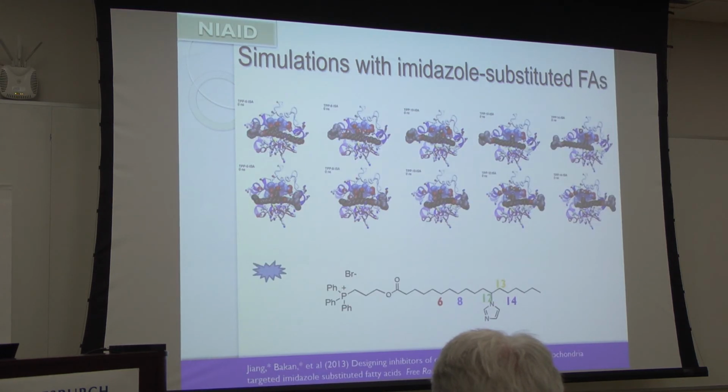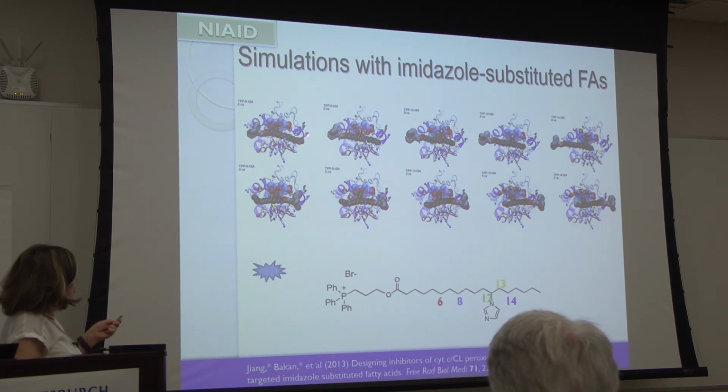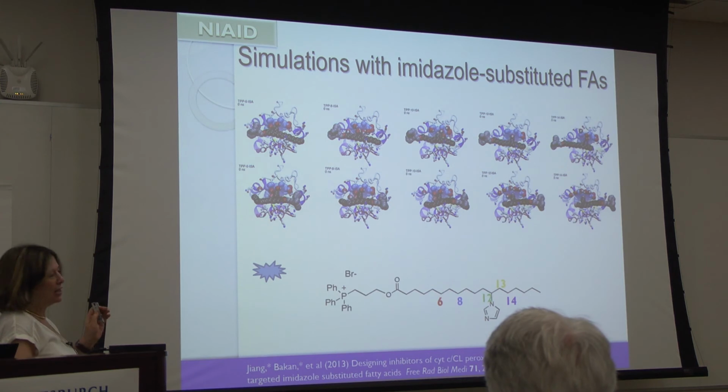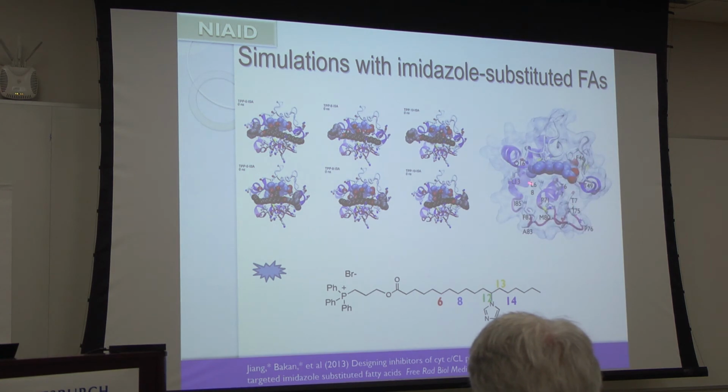So then we even did one more study. We said we're going to use imidazole-substituted fatty acids to bind, and that also worked well. I'm going to just skip that.